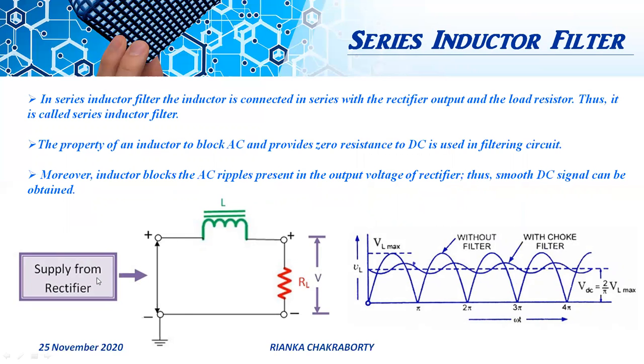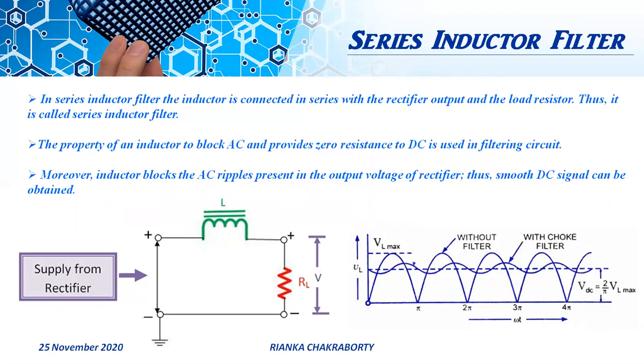In this type of filter, inductor or choke L is placed between the rectifier and the load resistance RL. The rectifier output voltage contains DC as well as AC components. If the AC signal is passed through an inductor, it provides high impedance and consequently blocks the AC signal.